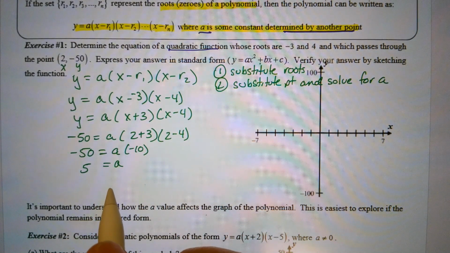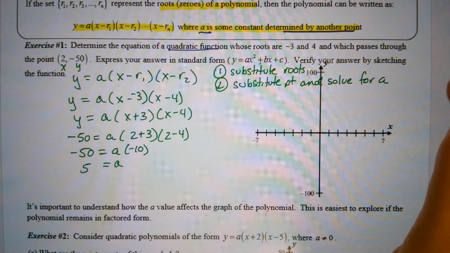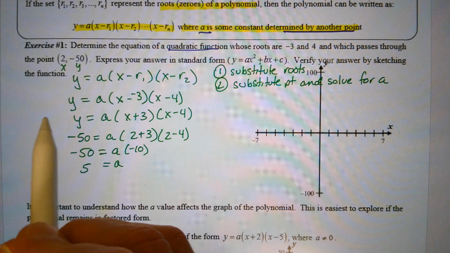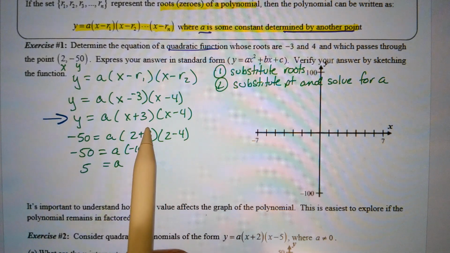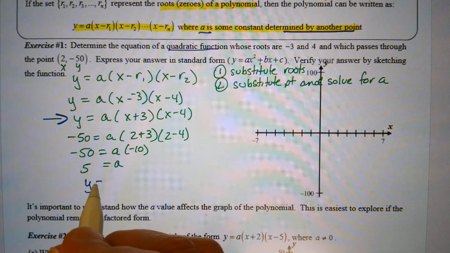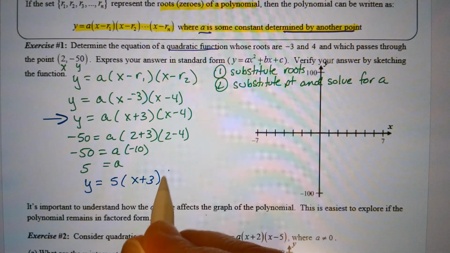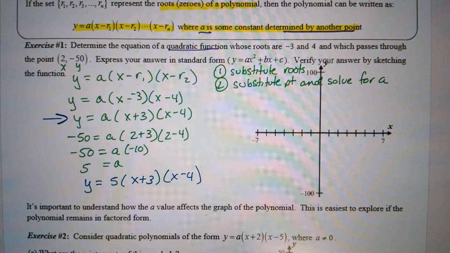Alright, so we have our a value of 5. Now I'll go back up to this piece right here and replace a with 5. y equals 5 times x plus 3 times x minus 4.